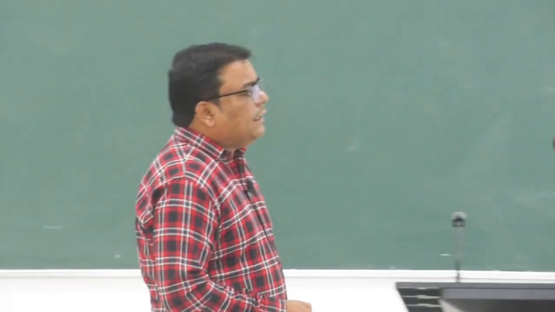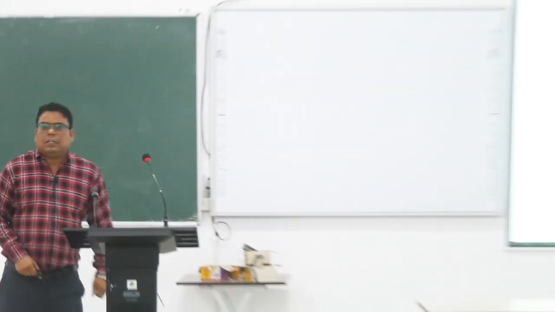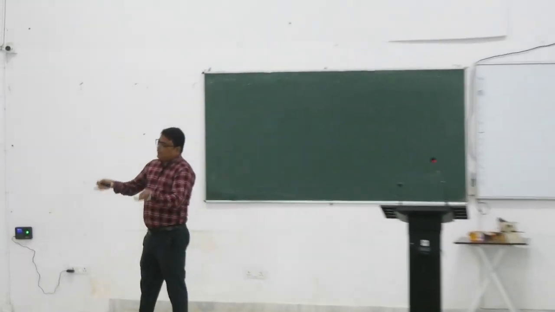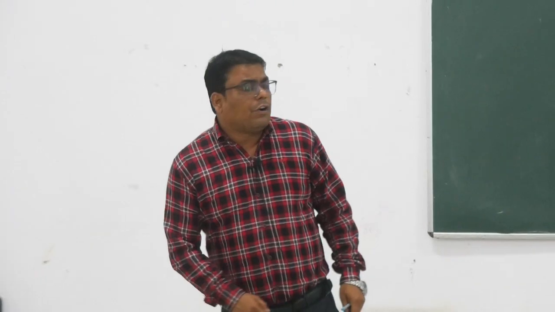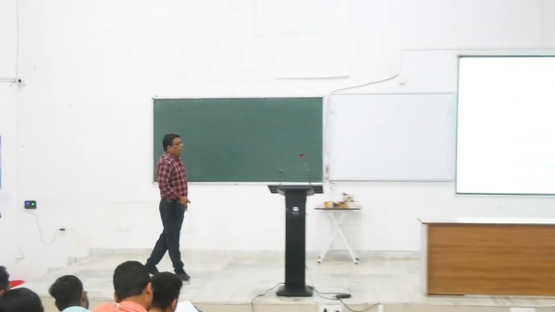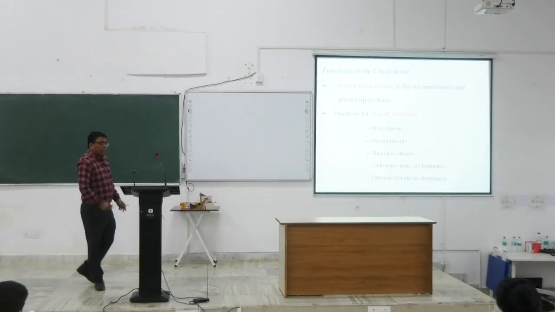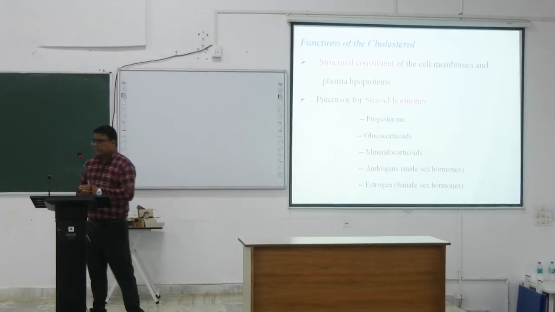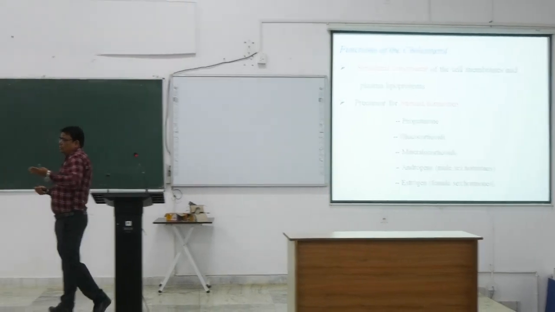Next, it is a precursor for steroid hormones. Students, this is an easy question asked in your paper: give examples of steroid hormones. Steroid hormones are glucocorticoid, mineralocorticoid, androgen and estrogen. For the formation of all these hormones, there is a requirement of cholesterol.